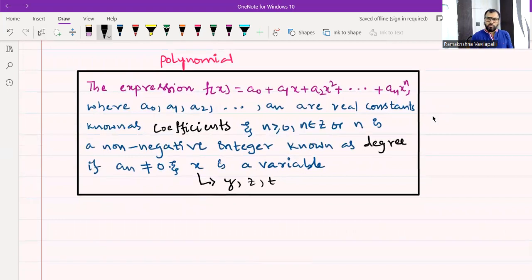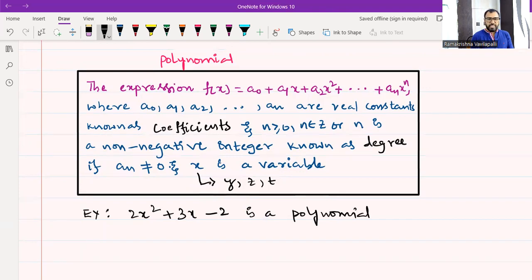So you can create several examples on your own. For example, here I am giving one example. 2x square plus 3x minus 2 is a polynomial of degree 2.